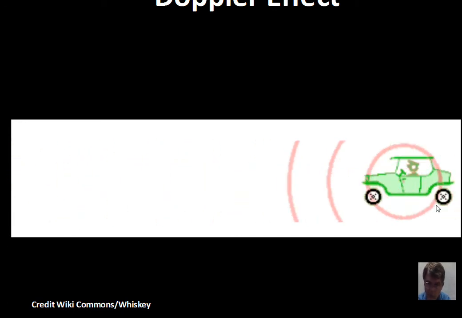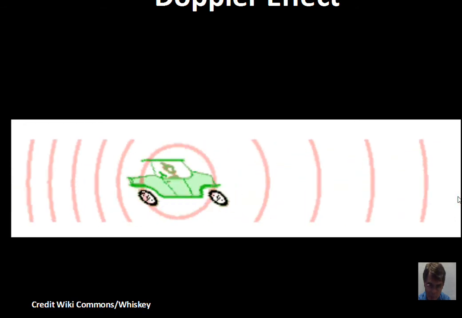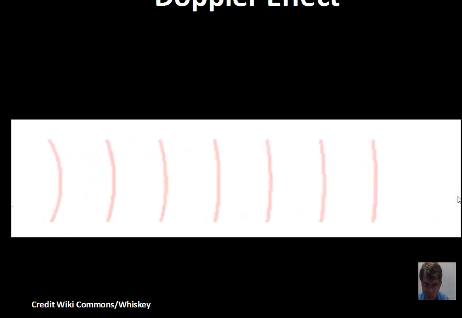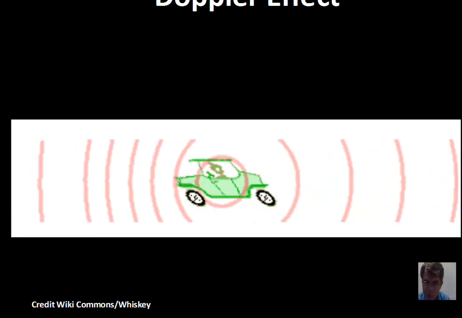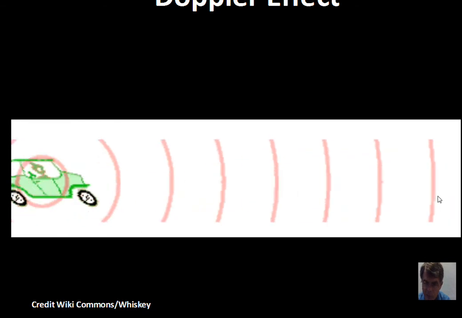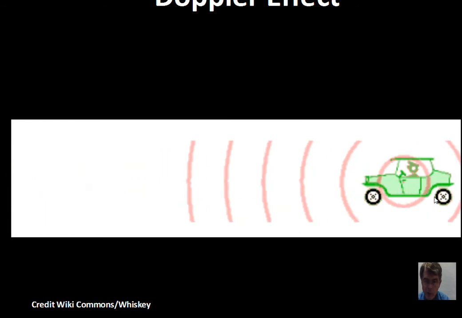If you're back to the right, as the car moves away, the waves generated by the car horn have more space between peaks of the wave. The wavelength is longer, the frequency is lower, fewer peaks per second cross your position, and you'll hear a lower tone.